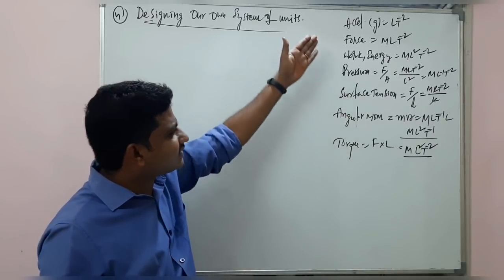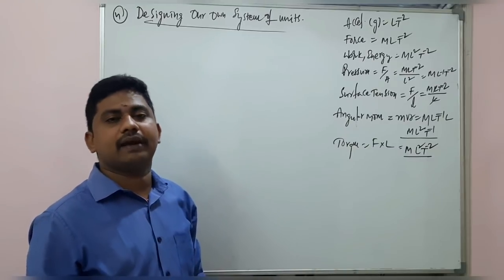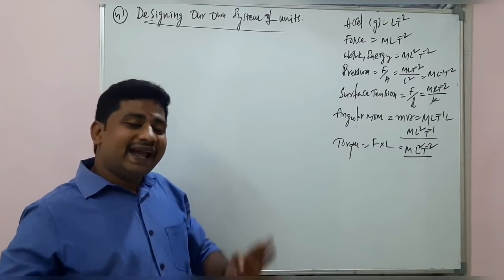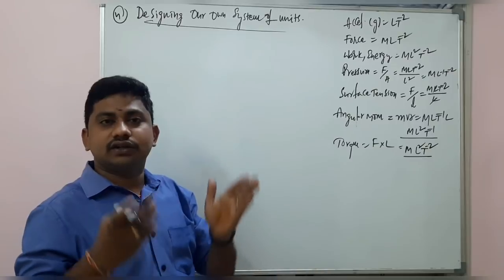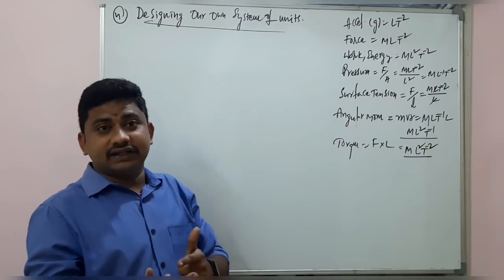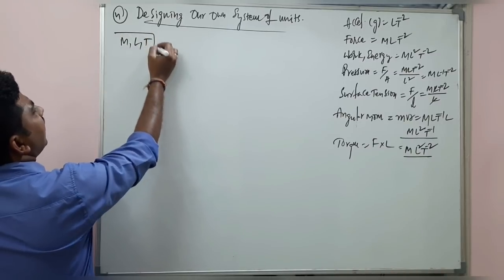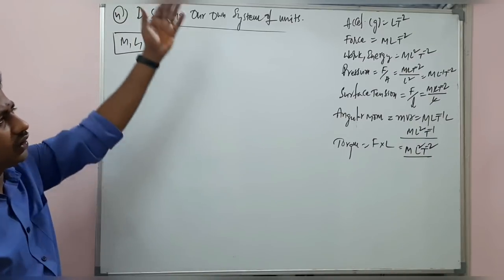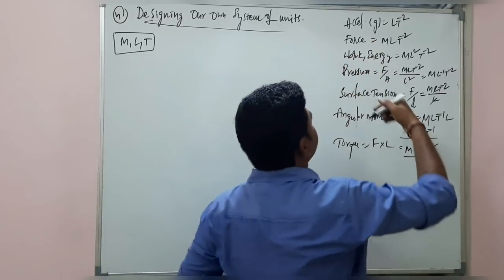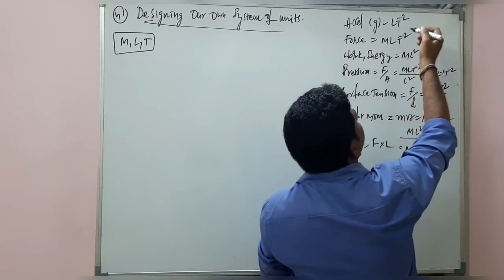Why have we had a quick recap? Because any physical quantity we have considered so far is represented in terms of mass, length and time. Don't think that there is no mass.